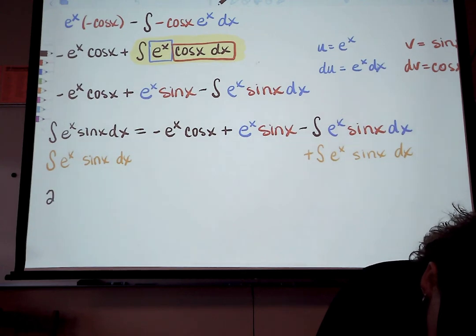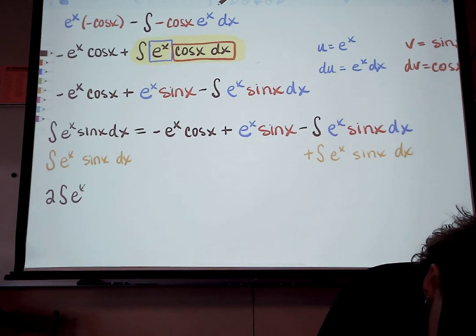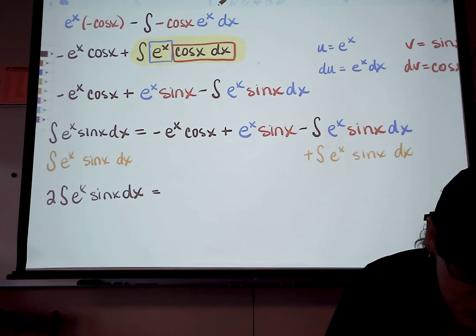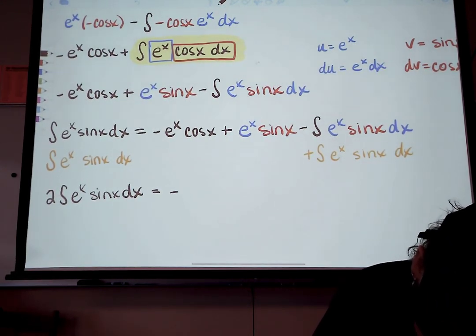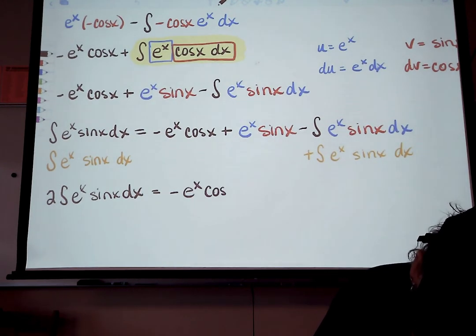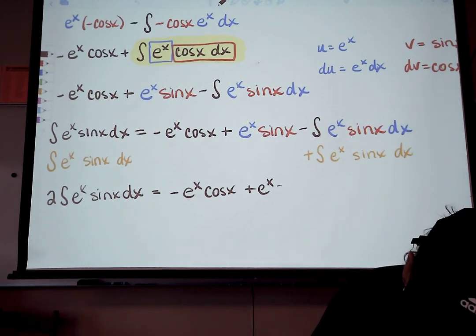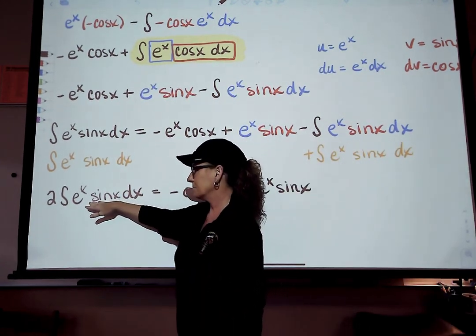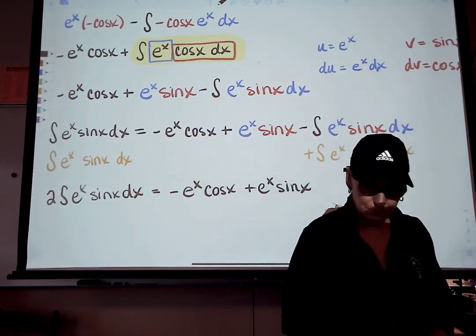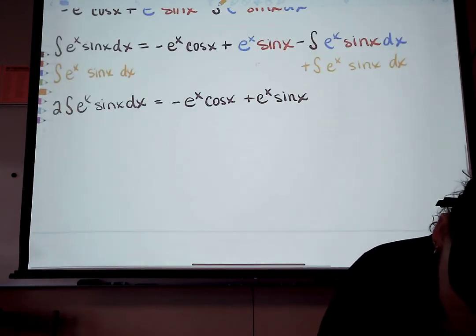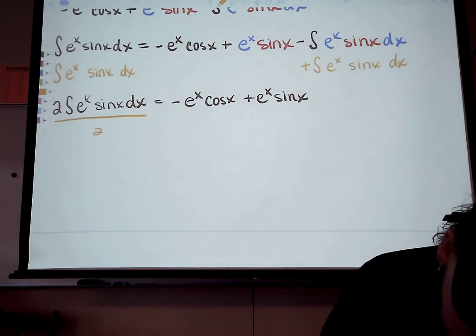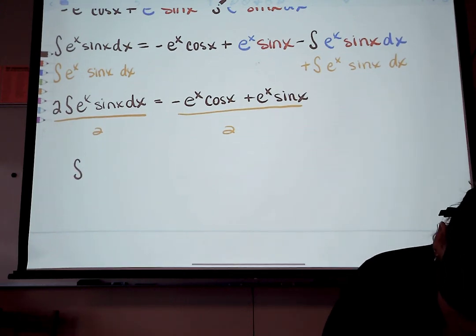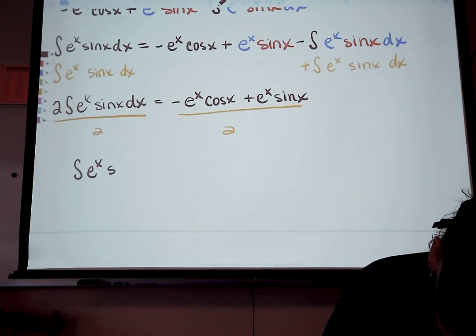So I've got 2 times the integral of e to the x sine x dx equals negative e to the x cosine x plus e to the x sine x. You want the answer to this? Divide by 2. The answer to this original problem, I know you're tired of writing it, but we're almost there.